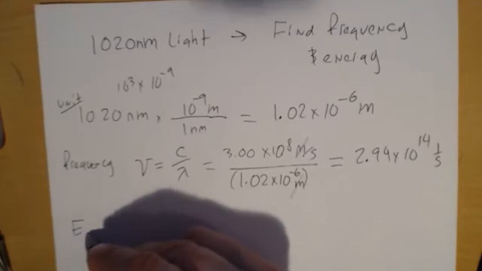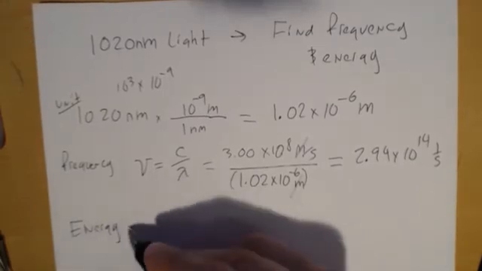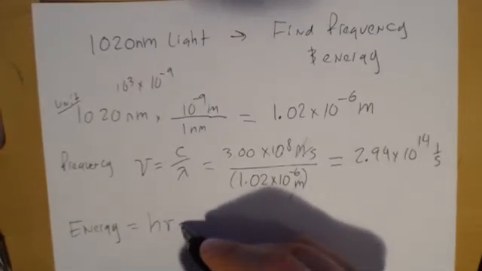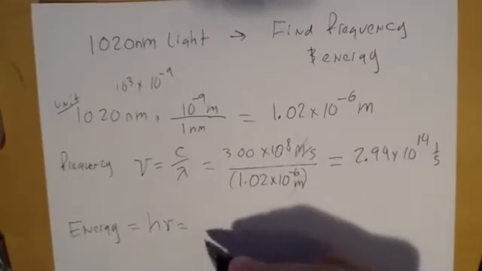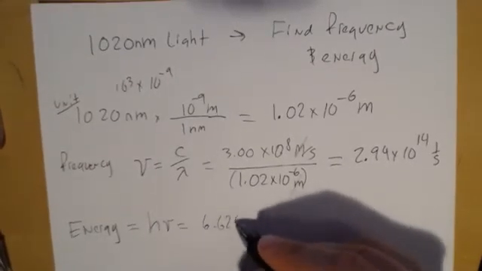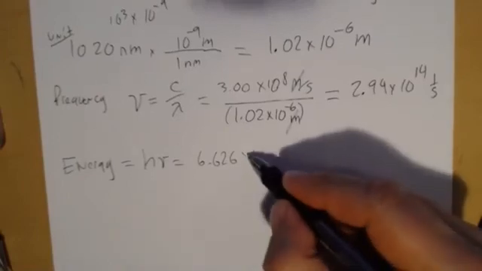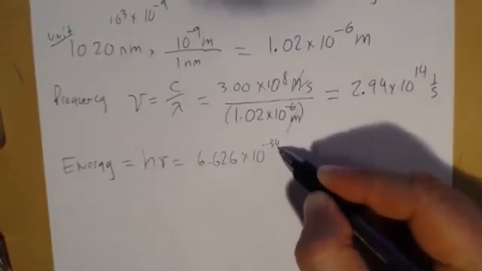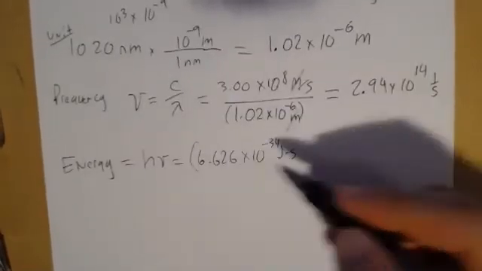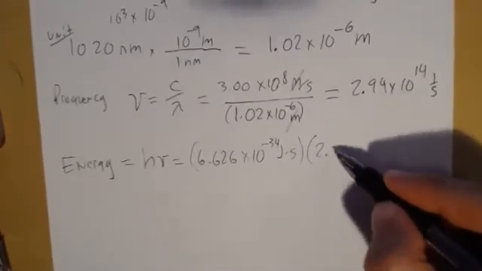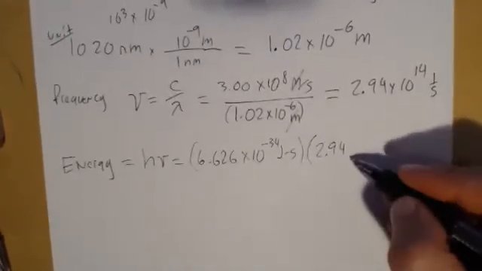Let's find the energy. E is equal to h nu, which is 6.626 times 10 to the minus 34 joules times seconds times 2.94 times 10 to the 14 per seconds. I'm going to use the unrounded value in my calculator.